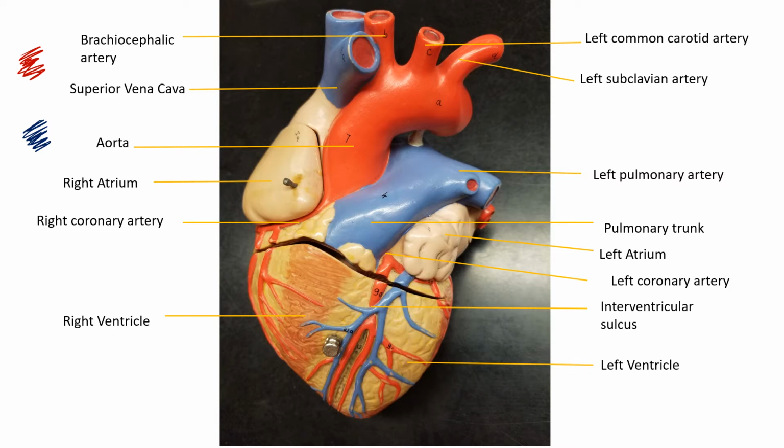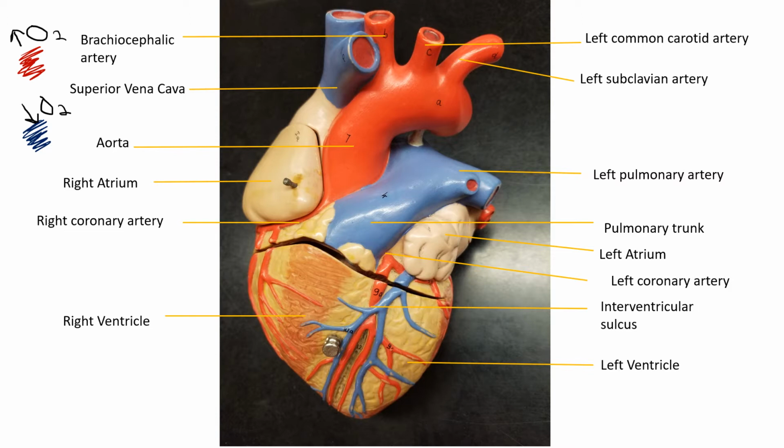And if you've seen the lecture video, you know what those two things are. So when you see red and blue, one of the big differences is that red is going to contain highly oxygenated blood, and blue is going to contain low oxygenated blood. That is what it's referring to.